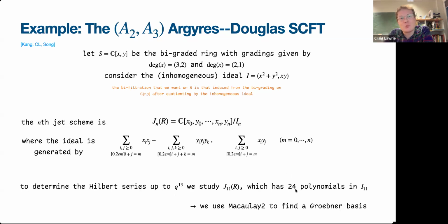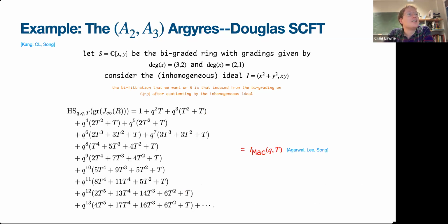So this is a complicated beast. It has 24 polynomials in the ideal. Typically we use Macaulay 2 to find a Grobner basis and do the computation for us. And this is the answer that you get. Kind of horrendous, but you see there are a lot of coefficients in here.